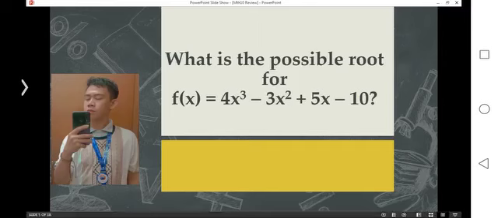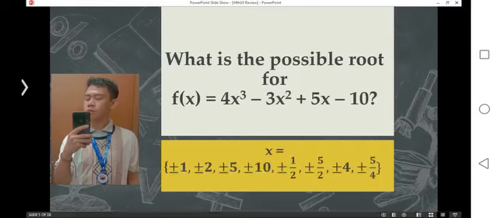So p is negative 10, and the factors of negative 10 are ±1, ±2, ±5, and ±10. The factors of q, which is 4, are ±1, ±2, and ±4. So the possible roots for this function are: ±1, ±2, ±5, ±10, ±1/2, ±5/2, ±1/4, and ±5/4. So these are the possible roots for your function.